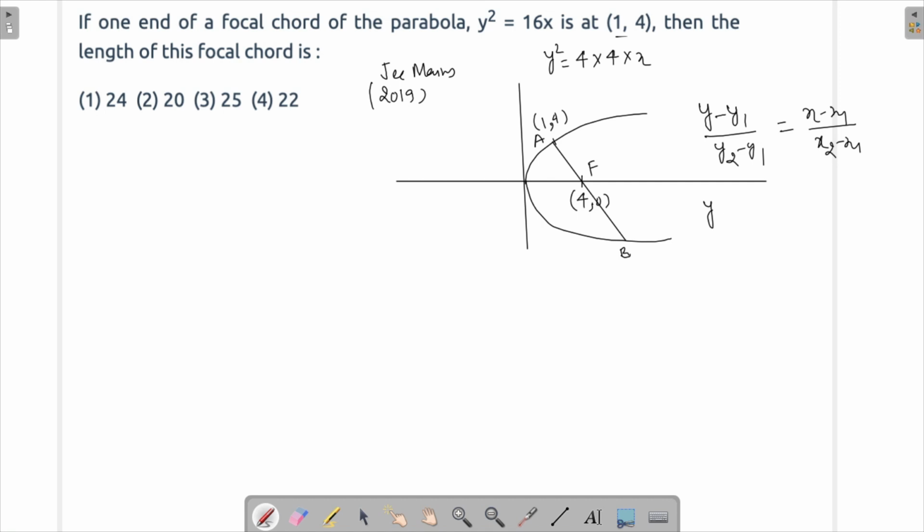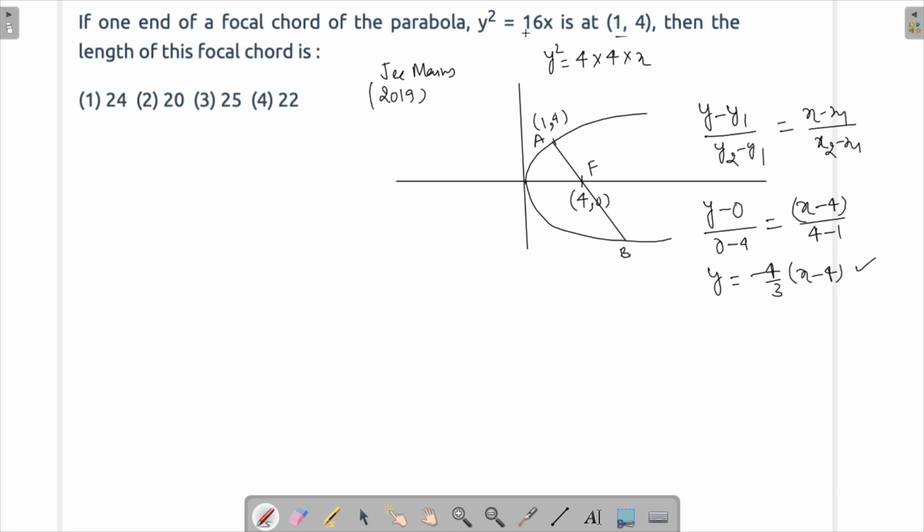Then we will have y minus y1, which is y minus 0, y1 minus y2, which is 0 minus 4, and then x minus x1, which is x minus 4, and x2 minus x1, which is 4 minus 1. So what I got over here is that y equals minus 4 by 3 into (x minus 4). I've got a simple equation.